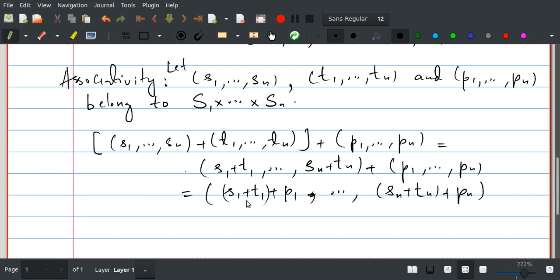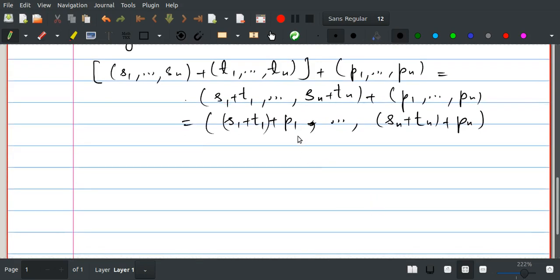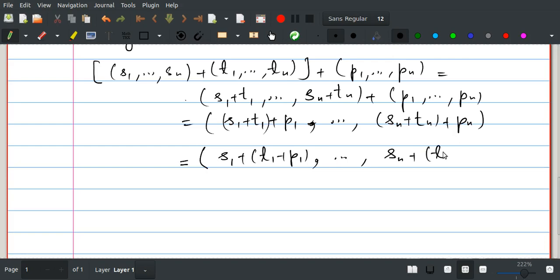Now these are the elements in these subgroups. Now these subgroups are abelian, so we can write this as S1 plus T1 plus P1 through Sn plus Tn plus Pn.